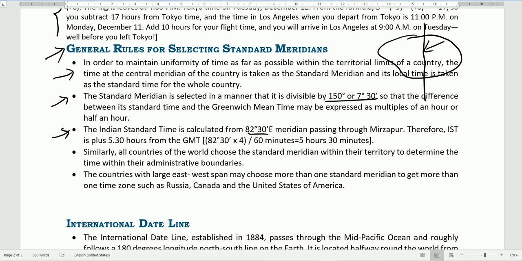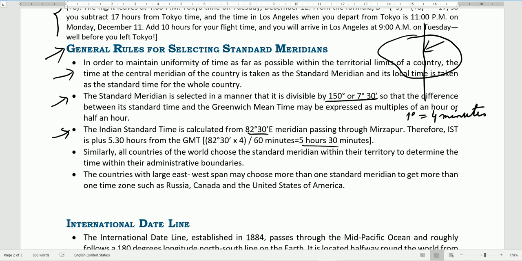So plus 5:30 hours from the GMT. That is 82 degrees 30 minutes multiplied by 4 divided by 60 minutes. That is 5 hours 30 minutes. We have already known that 1 degree is equal to 4 minutes, and that is why we are multiplying it by 4.